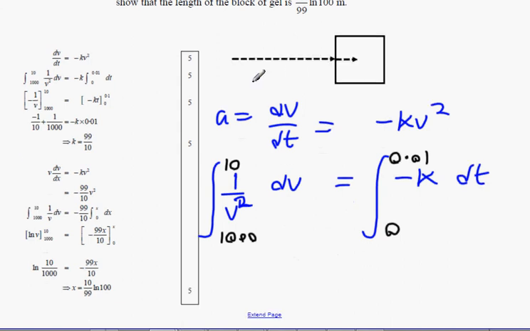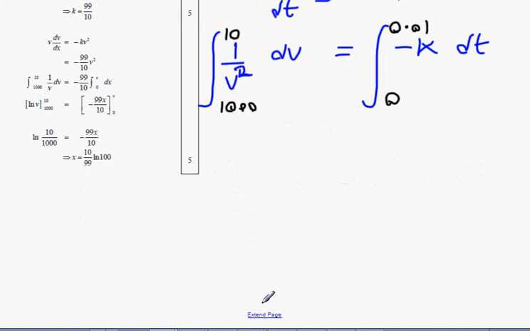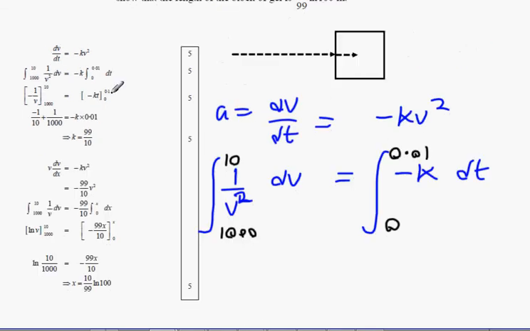Okay. So next we're going to integrate, and we'll get, what are we going to get here? That's v to the minus 2. So v to the minus 2 is going to be minus 1 v to the minus 1.